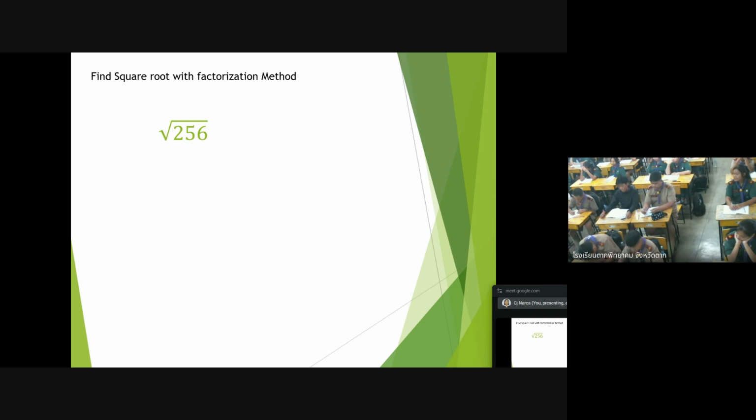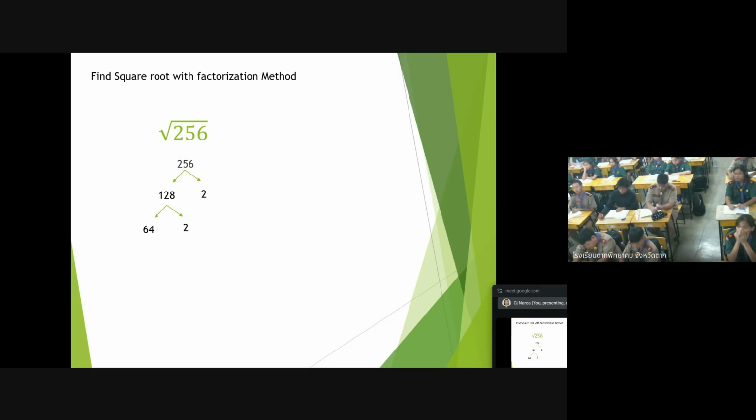So, I'll teach you how to find a square root by doing a factor tree. Just like a Christmas tree, okay? So, this one, 256. We have 128 times 2. 2 is prime, right? And then 128, get a factor. So, we have 64 times 2. 2 again is a prime.